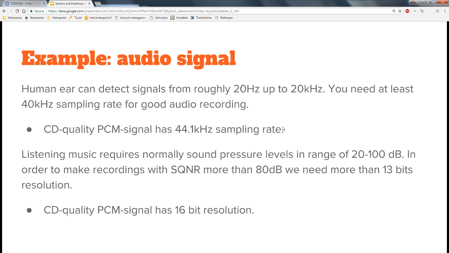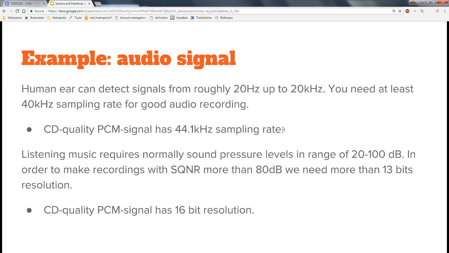And then basically that means that you need to have at least 40,000 samples per second for good quality audio. So that's the minimum. And that actually gives also the sampling rate, where that 44.1 kilohertz sampling rate comes from. Well, that comes from the physics.